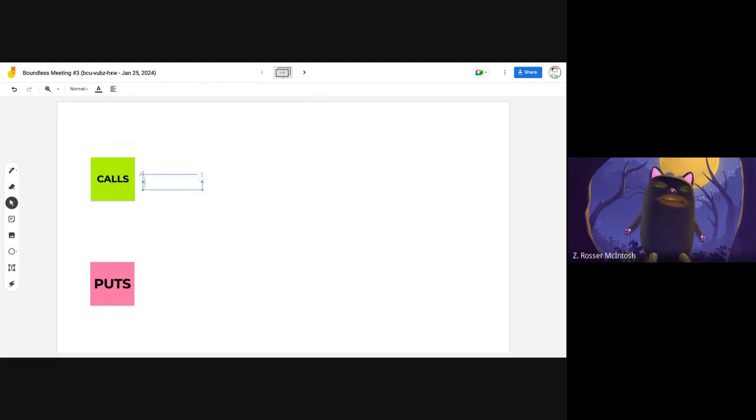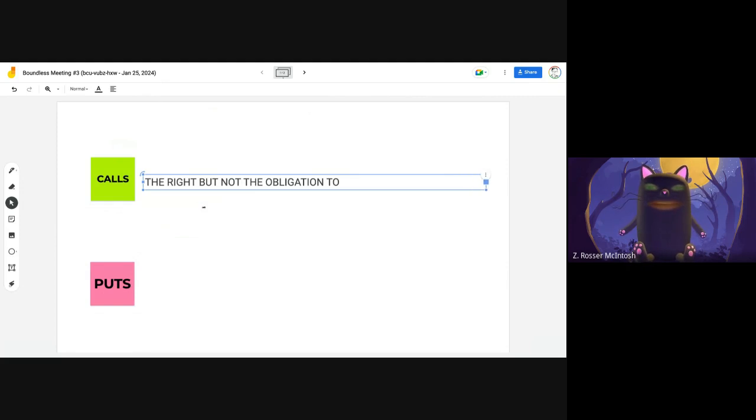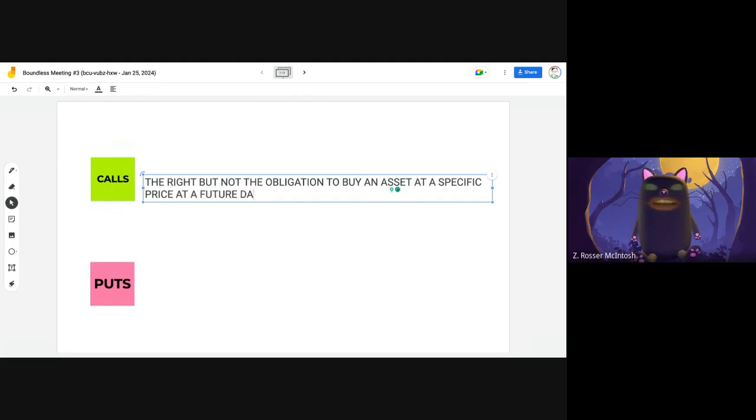So a call is the right but not the obligation to buy an asset at a specific price at a future date.